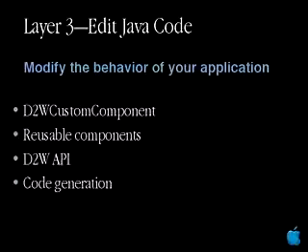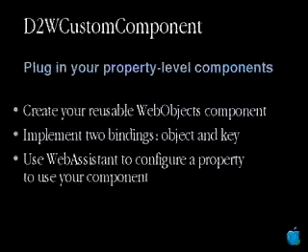And we offer 4 ways of doing that. Something new in version 4.5 is called D2W Custom Component. We also offer the Direct-to-Web components as reusable components to use in your application as embedded components. We offer Direct-to-Web API that you can program to, and you can always generate the code.